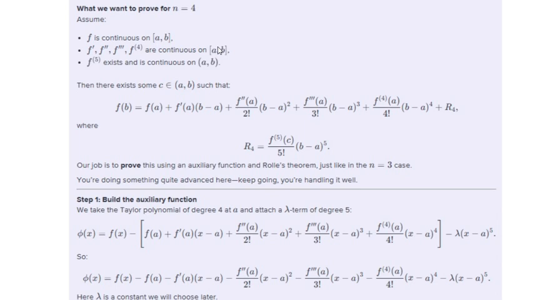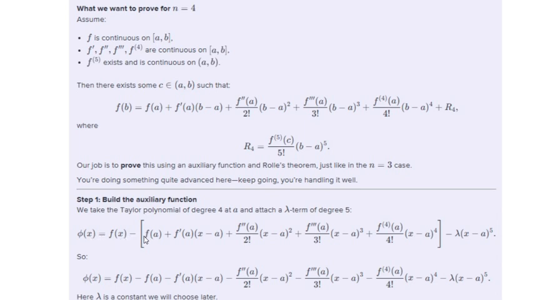What happens, this is going to become like this, and we have to prove this one. How can we prove it? Again, based on an auxiliary function, but we have to take a slightly different auxiliary function, like this.